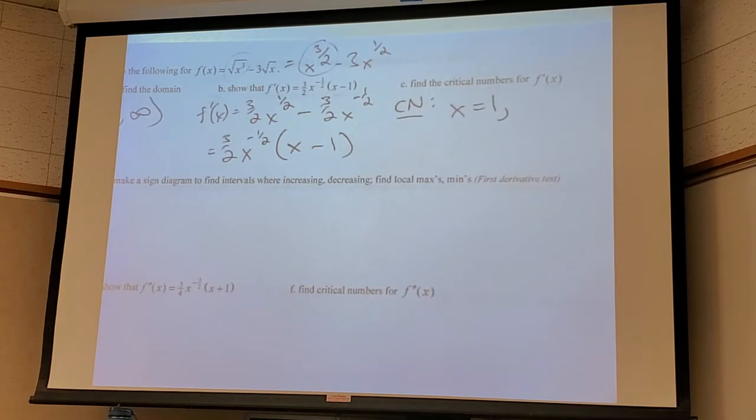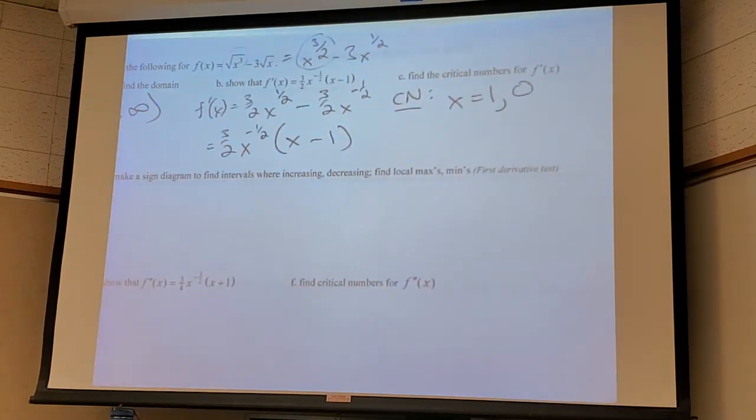So of course, what makes it undefined? Just making it 0 in the first place. 0 makes it undefined because it's x to the negative 1 half, which would be 1 over 0, right? So those two are critical numbers for kind of two different reasons, right? Let me stop for a minute. Just let me know if something's not making sense.